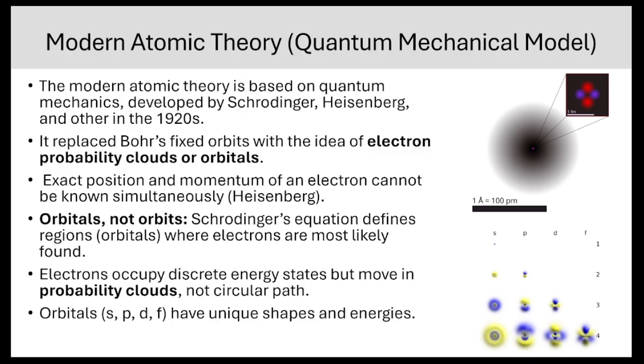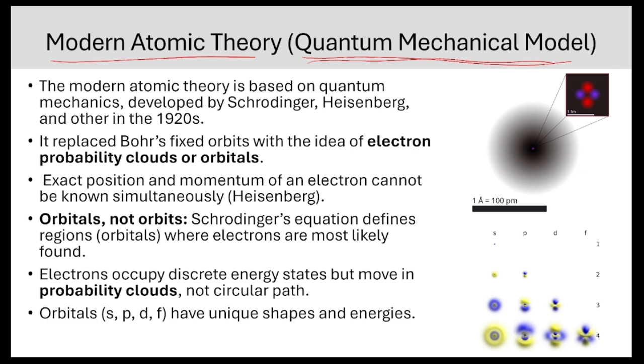the current and most accurate model of the atom was proposed. This most modern atomic model is called modern atomic theory, and it is based on the quantum mechanical model, or we can also say that this modern atomic theory is also known as the quantum mechanical model.